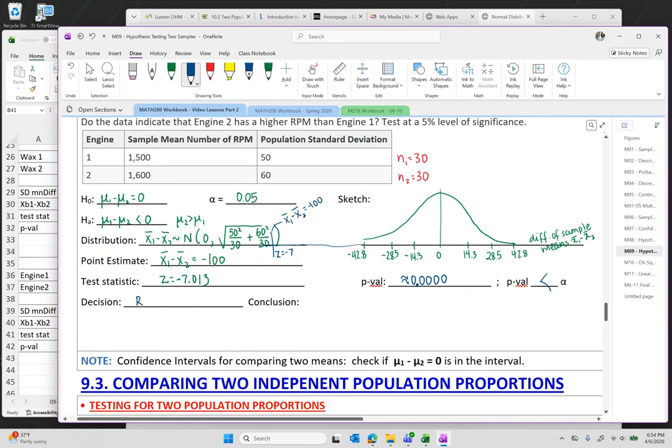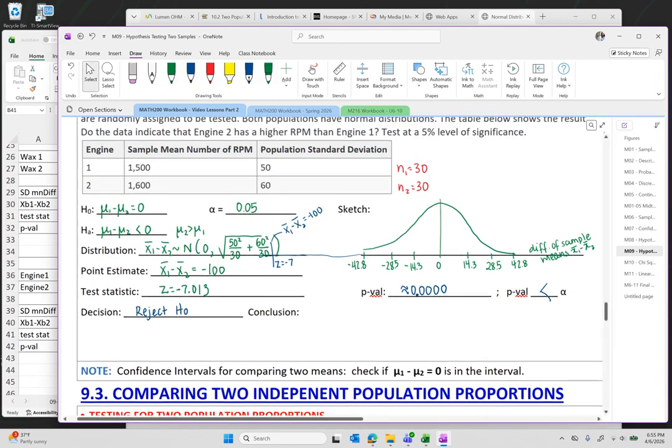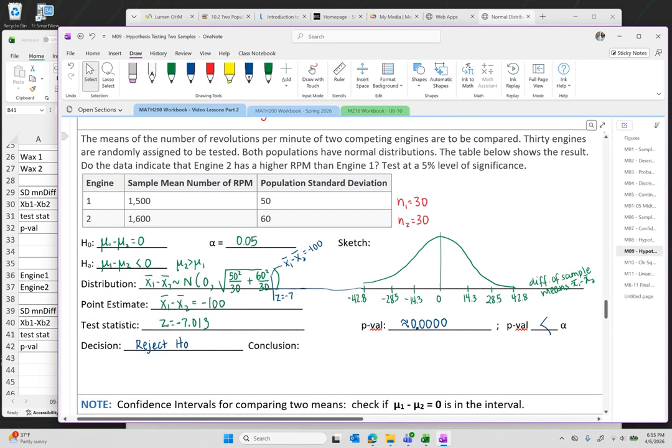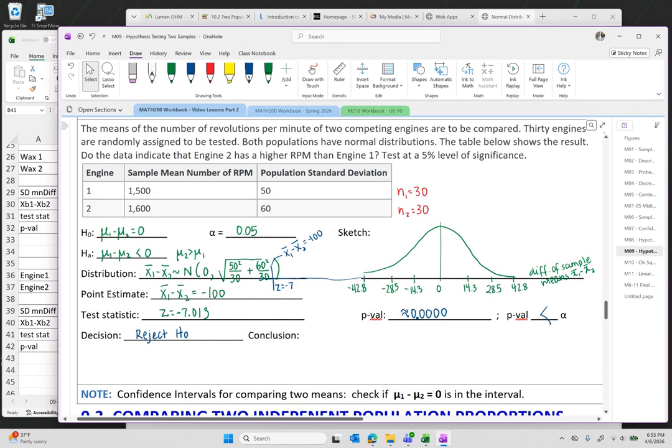We have enough evidence to reject the null hypothesis, and our conclusion will say that at the 5% significance level, the sample data provide sufficient evidence to support the alternative hypothesis that engine 2 has a higher RPM than engine 1.